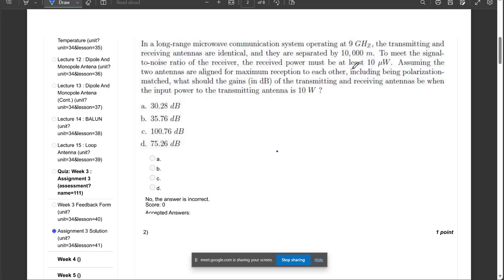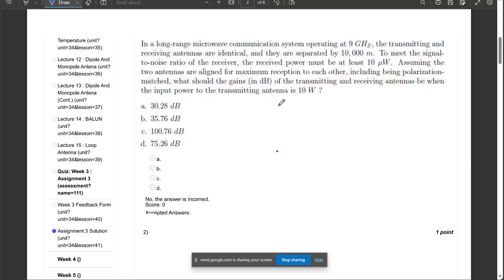They are separated by 10,000 meters. To meet the signal to noise ratio of the receiver, the received power must be at least 10 microwatts. Assuming the two antennas are aligned for maximum reception to each other, including being polarization matched, what should the gains of the transmitting and receiving antennas be when the input power of the transmitting antenna is 10 watts?